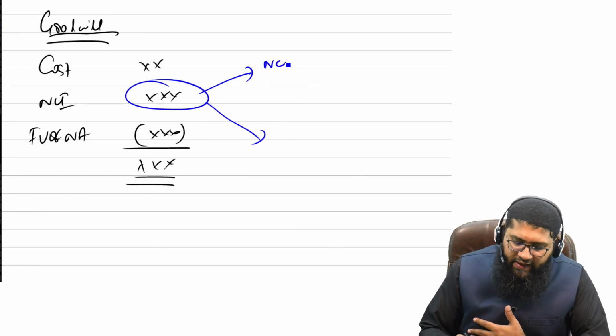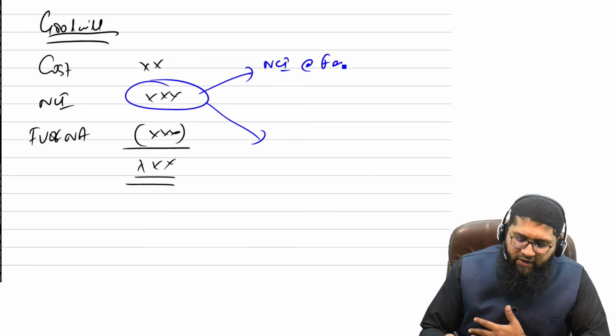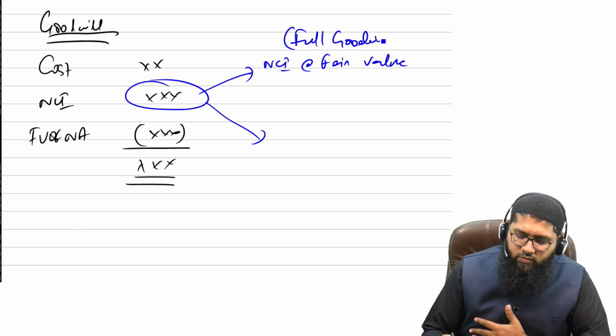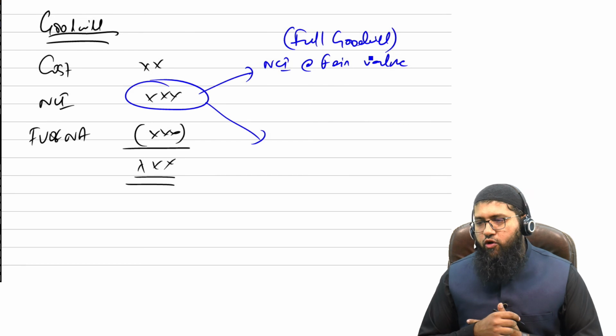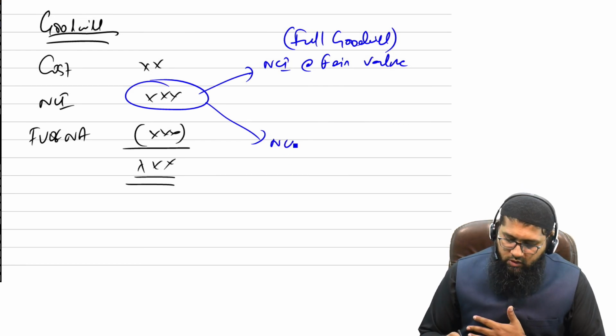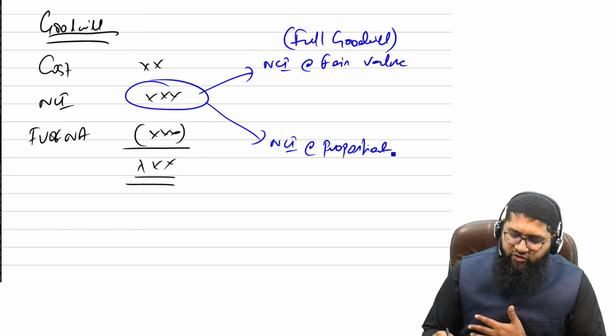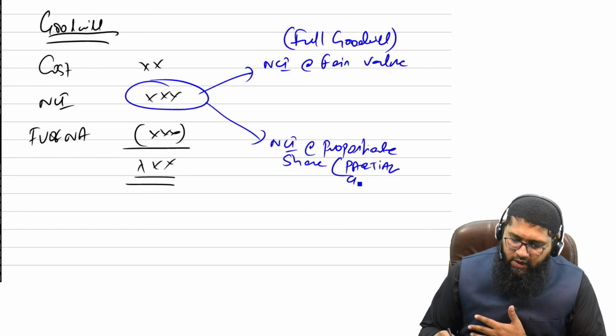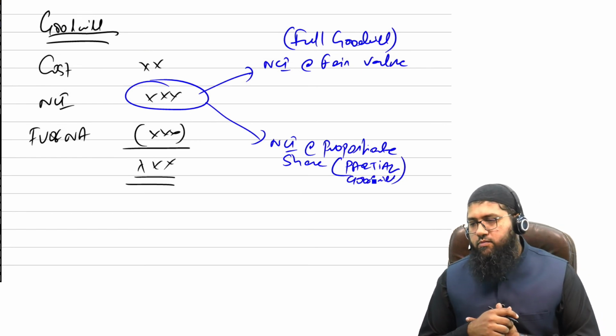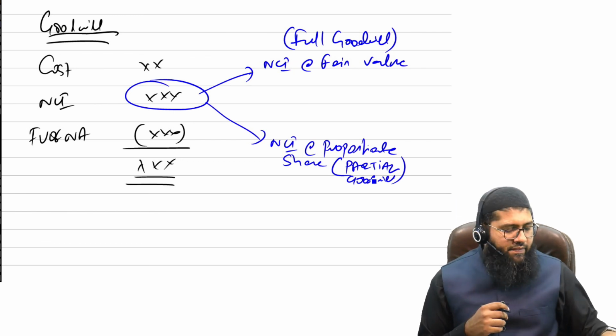Either the NCI could be at fair value, and when the NCI is at fair value, it's called full goodwill. Or the NCI could be at proportionate share, and this is called partial goodwill.